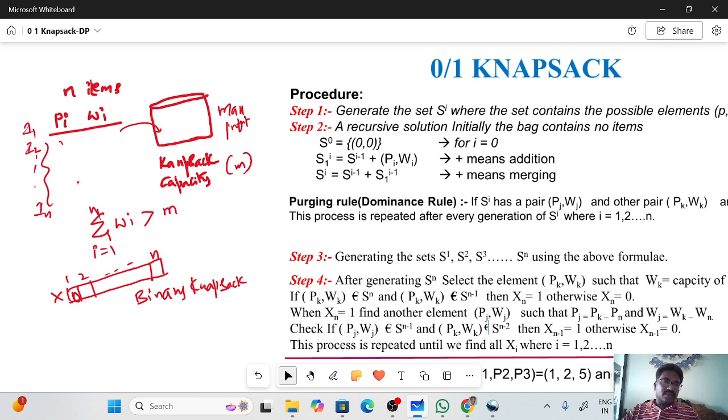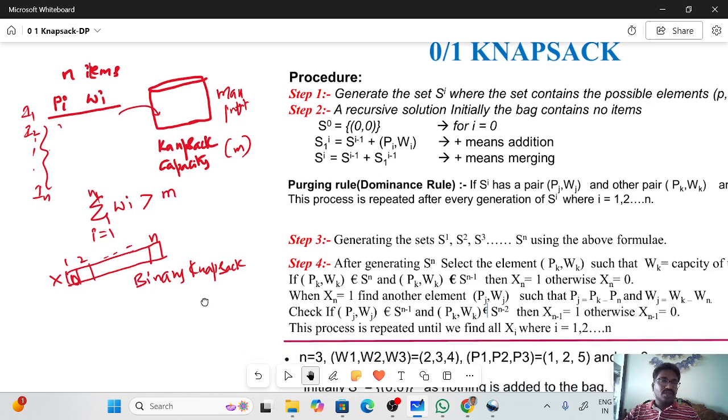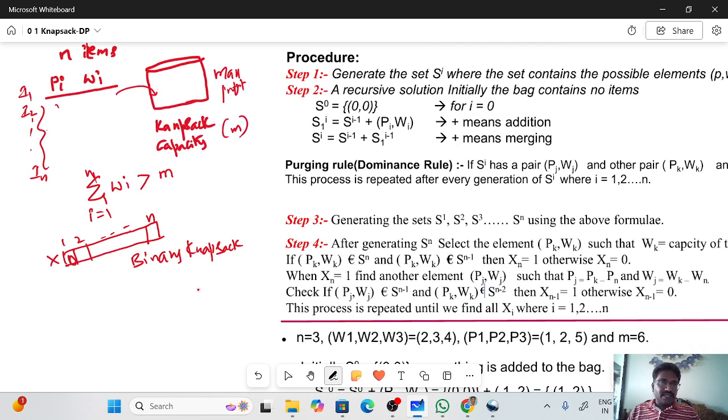So that's why this knapsack is also called binary knapsack. What is the total profit we are getting and what is the bag weight we have? We specify that with the help of the solution vector as well as the weight and profit.